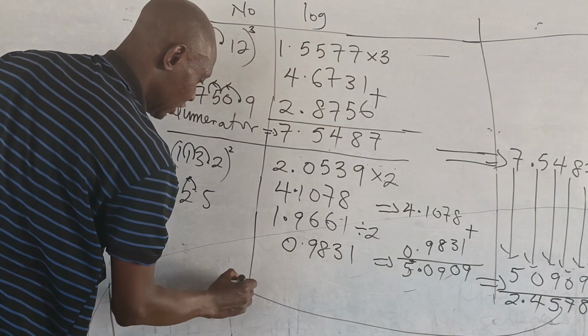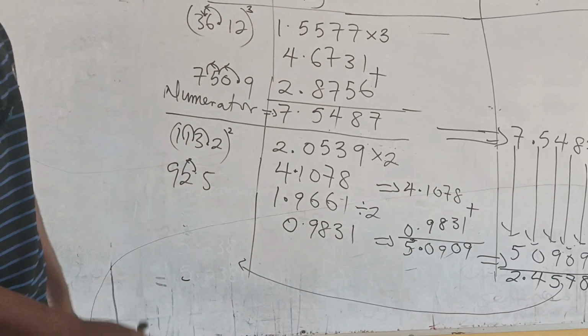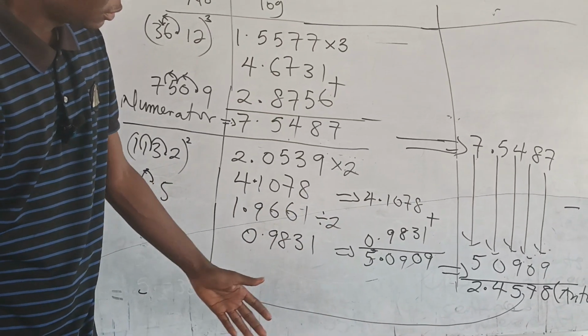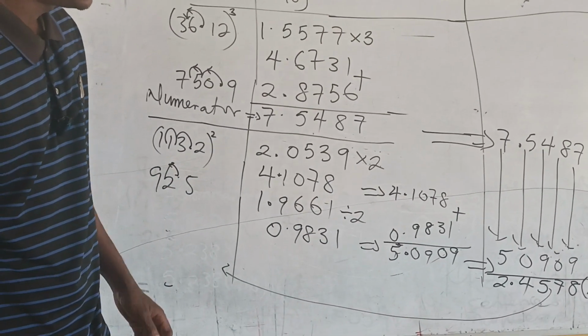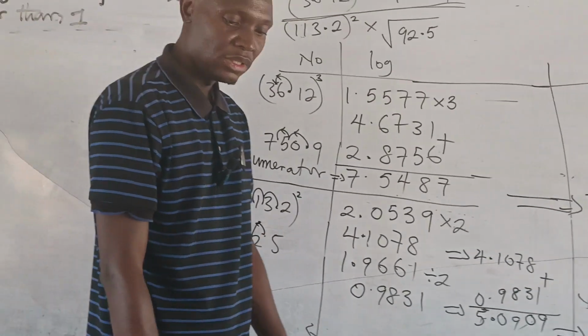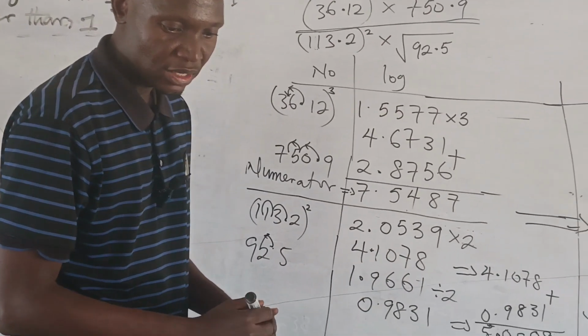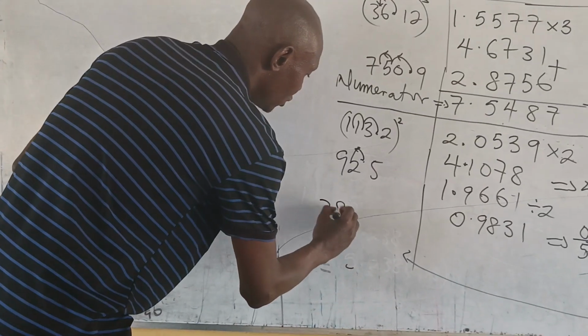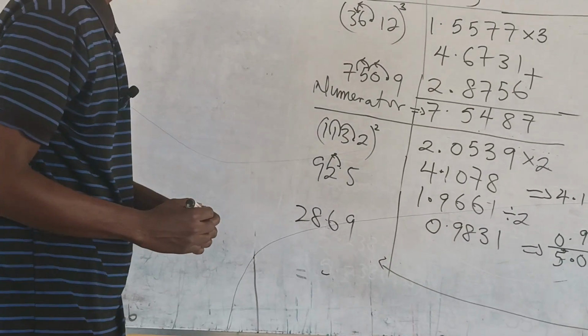When we are checking the antilog, we are going to ignore the integer and check the antilog of 4578. So the antilog of 45 under 7 difference 8 will give us 2869.